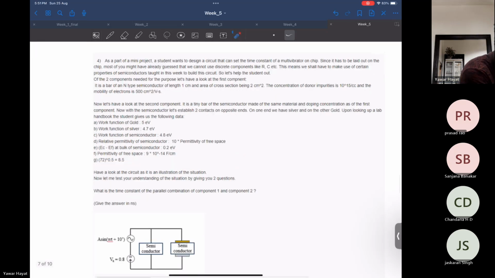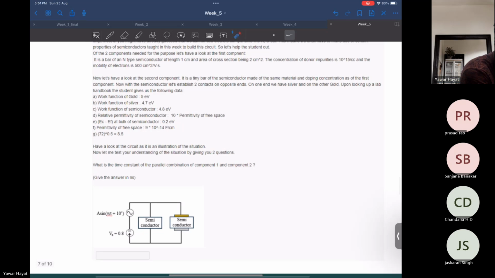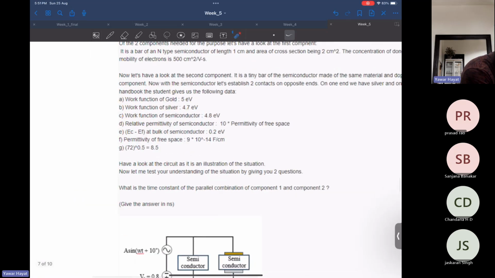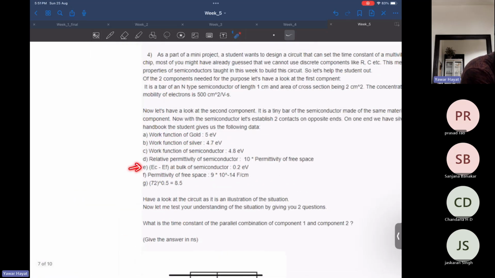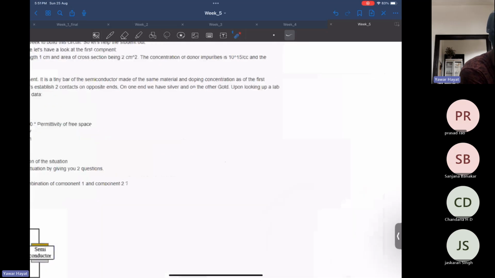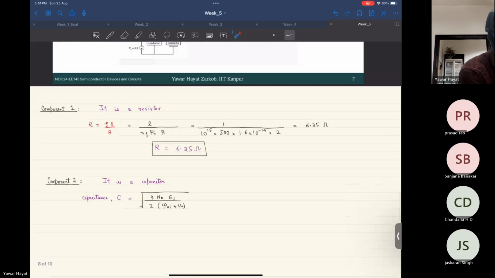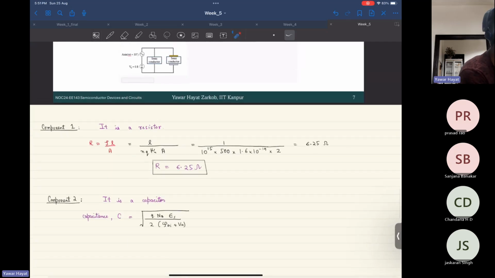EC minus EF at the bulk of the semiconductor is 0.2 electron volt. Permittivity of free space is given, and we have been given that the square root of 72 is equal to 8.5. So let's see what we can do.